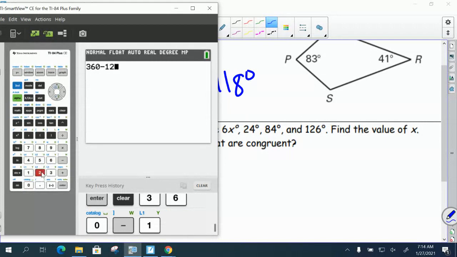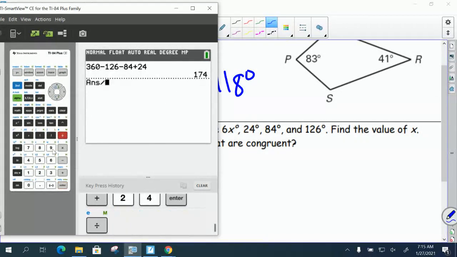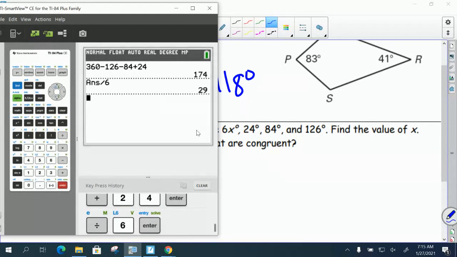So minus 126, minus 84, minus 24, and then we're left with 176 equals 6x, so you would divide this by 6, and you get x's, well, what did I do wrong? I feel like that's not the answer that we got here.